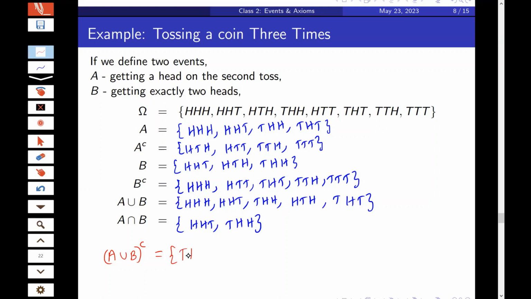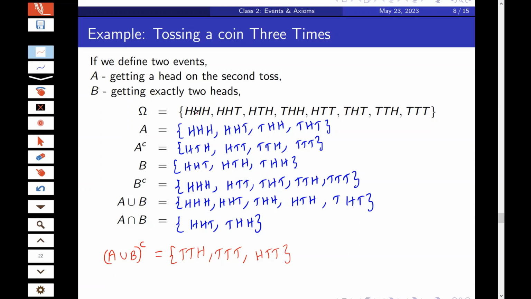So those not in A union B are the last two items, and one more is missing here, which is HTT.